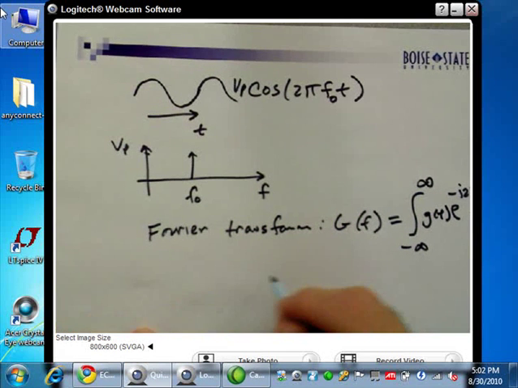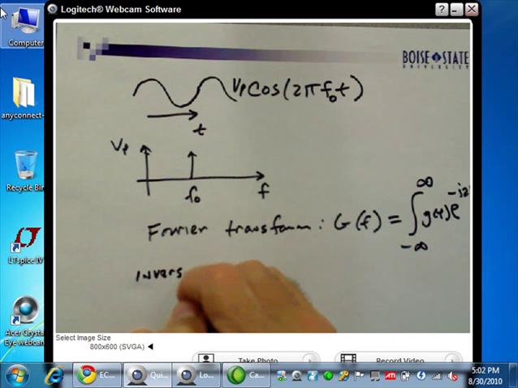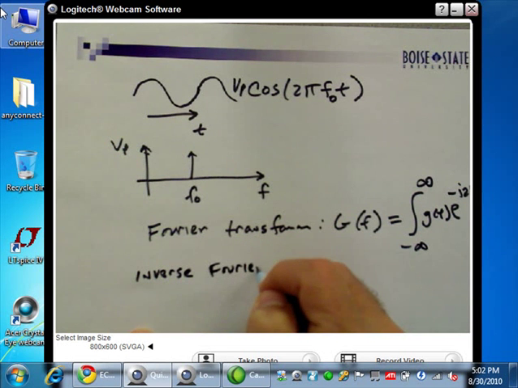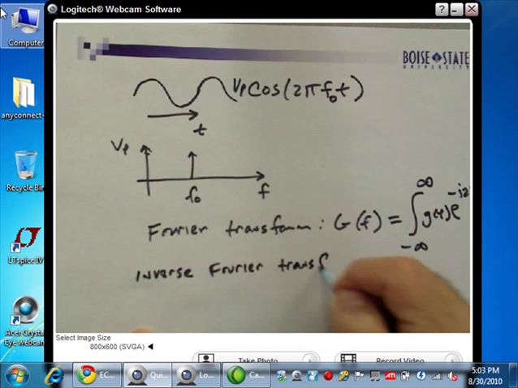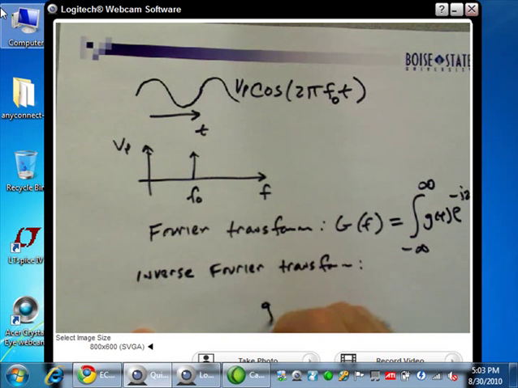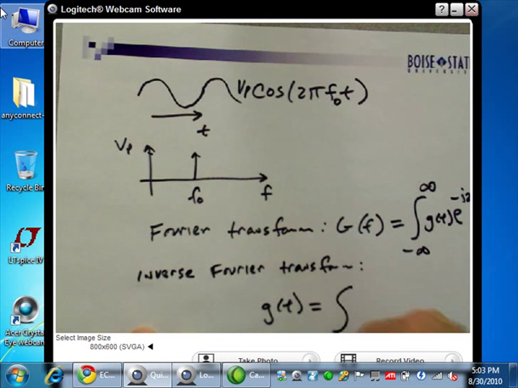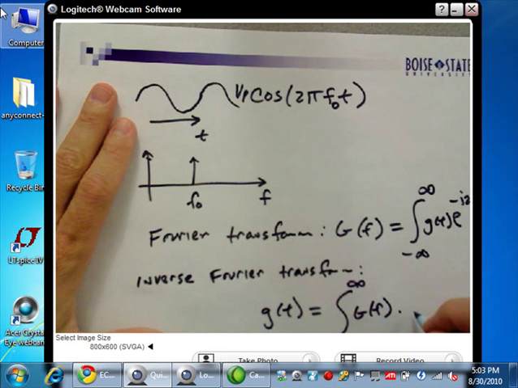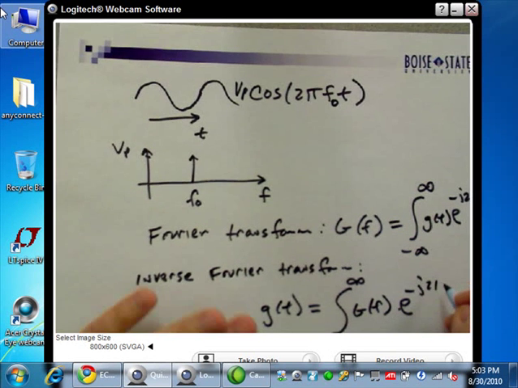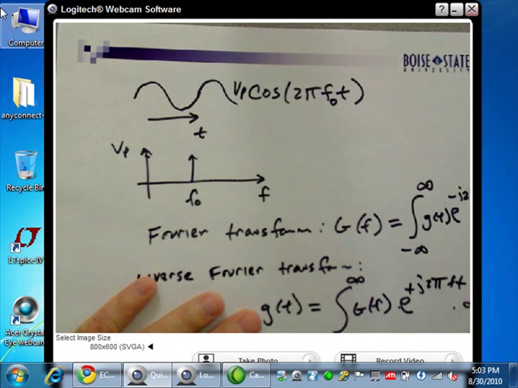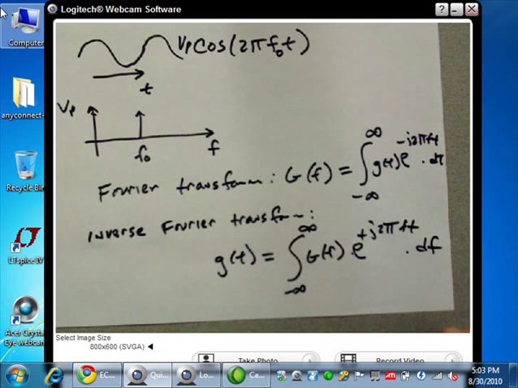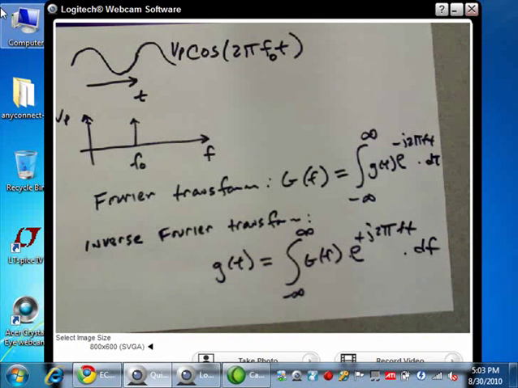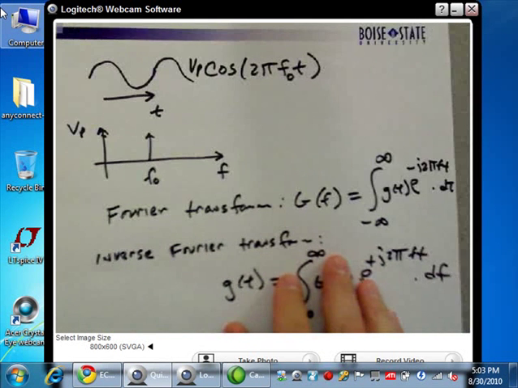And the inverse Fourier transform, and if you haven't seen this, that's a big issue because I assume you have. g of t is equal to the integral from minus infinity to infinity of g of f times e to the positive j 2 pi f t df. Okay, so before we show how to go from here to here, it's pretty straightforward. I want to define a few relationships.